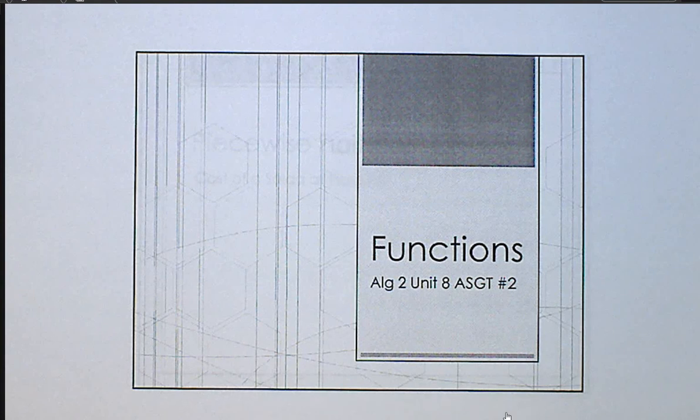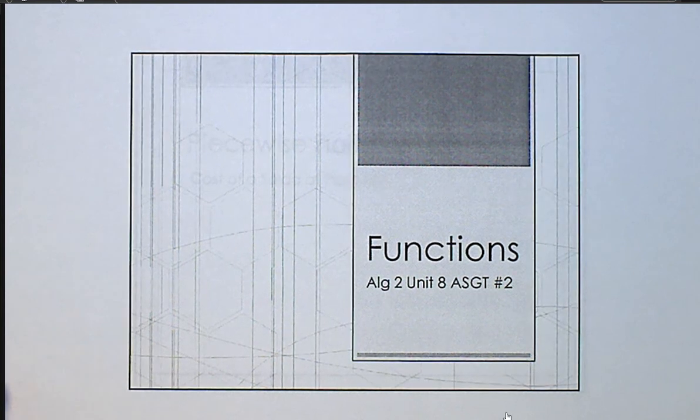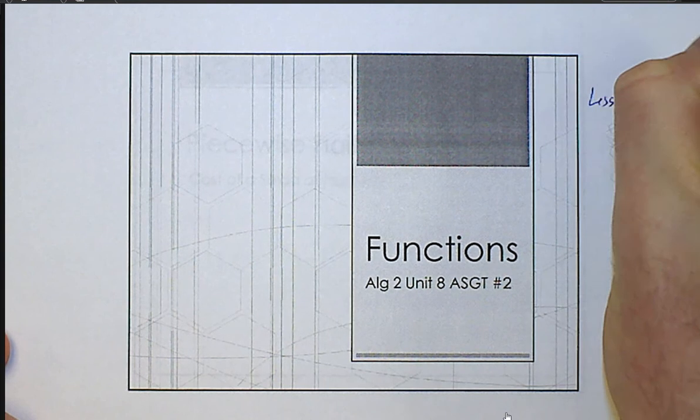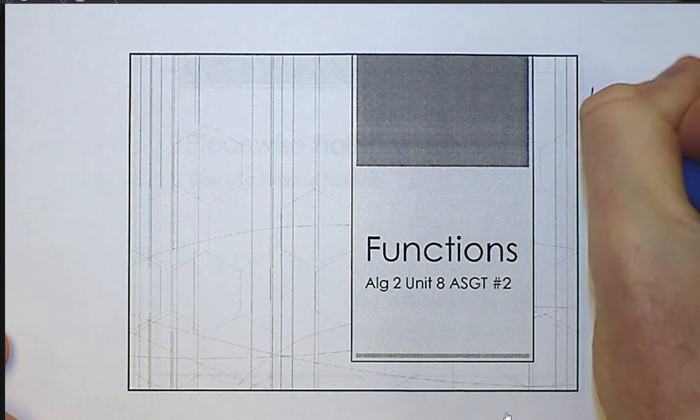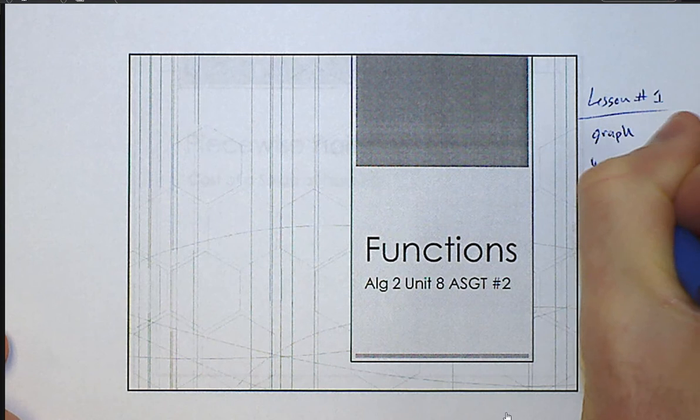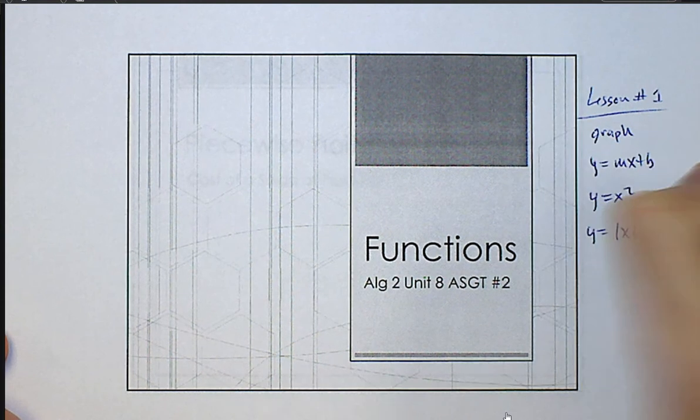We are back at it, lesson 2 in unit 8, and today we're going to focus our attention on functions and get into a little bit more detail than what we did in lesson 1. If you remember from lesson 1, our focus was basically just on the graphs, some different graphs. We had linear, so y equals mx plus b, right? We had quadratics, we had absolute value, and we talked about all the shifts, right?